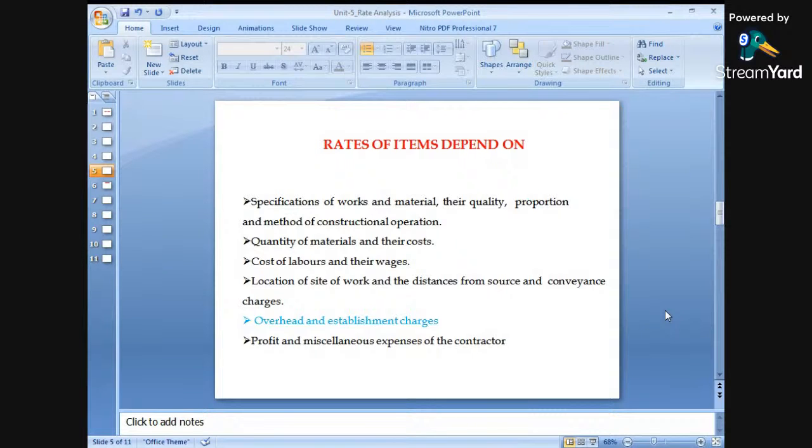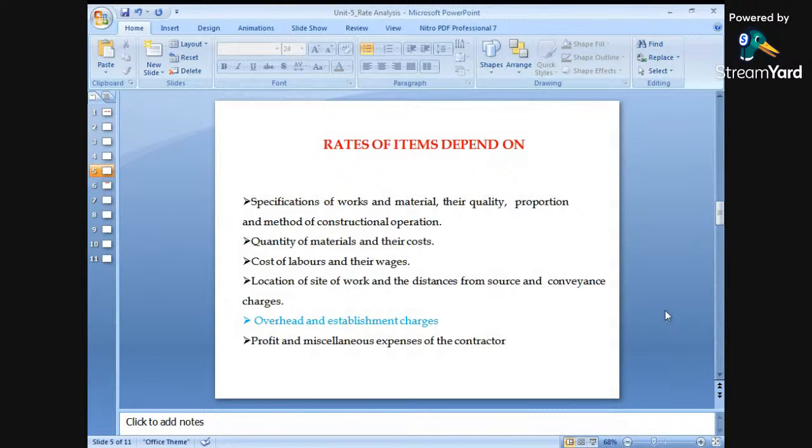That means if we are having a PCC or an RCC, what are the ratios? Cement, sand, and aggregates ratio. First, we have to find out those ratios, and depending upon that ratio, how much part of cement is required, how much part of sand is required, or how much part of coarse aggregate is required. So first we have to find out these things, materials required and their quantities.